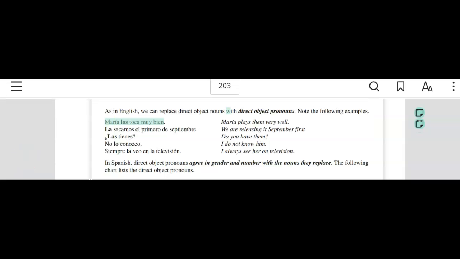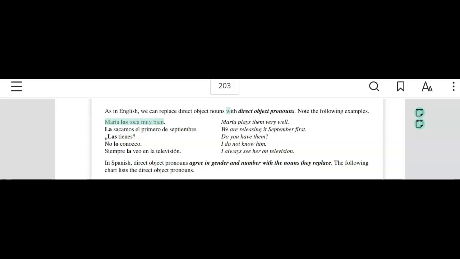As in English, we can replace direct object nouns with direct object pronouns. María los toca muy bien. María plays them very well. So in this case, we're not mentioning the two instruments. We are using direct object pronouns. Los would be the direct object pronoun.